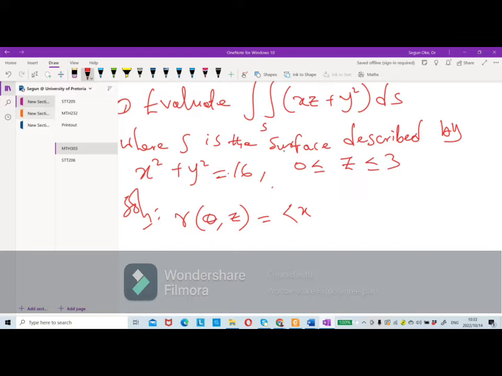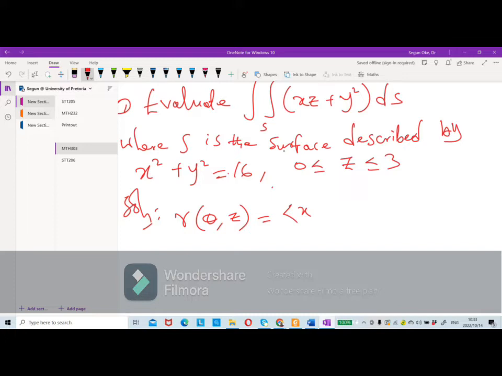From there, we can obtain our dS, sir. We can obtain dS after parameterizing. Our target is to get the x so that when you have the x, you can move ahead and substitute it into your integral. Am I communicating?